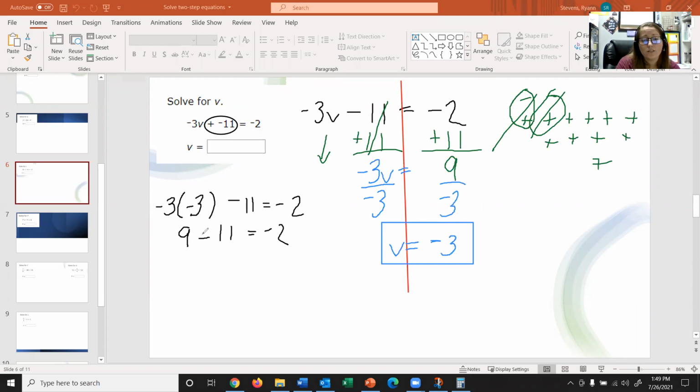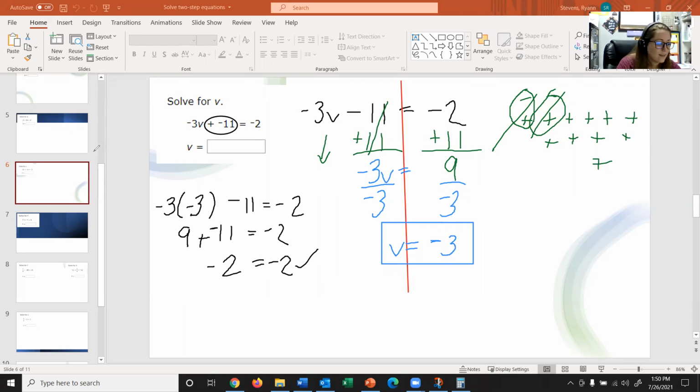And then we can change this to addition and change this to the opposite, add the opposite. And we would do the same thing we did before. 11 is the bigger number, so we're going to say 11 minus 9 is 2. And then since 11 in this case is a negative number, we would say that our answer would be -2. So we can see that this does check. This does give us the correct answer.